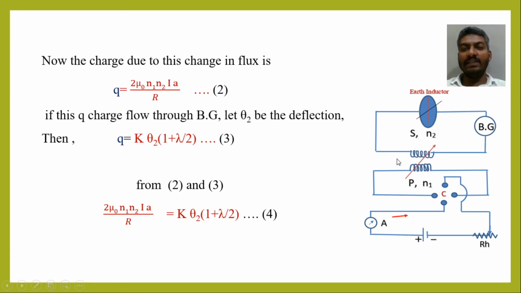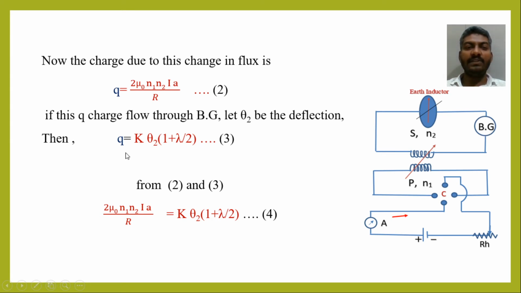Now the charge due to this change in flux is given by Q is equal to 2 mu naught N1 N2 IA divided by R. Let us take this as equation 2. When this amount of charge flows through this ballistic galvanometer, let theta 2 be the deflection observed.